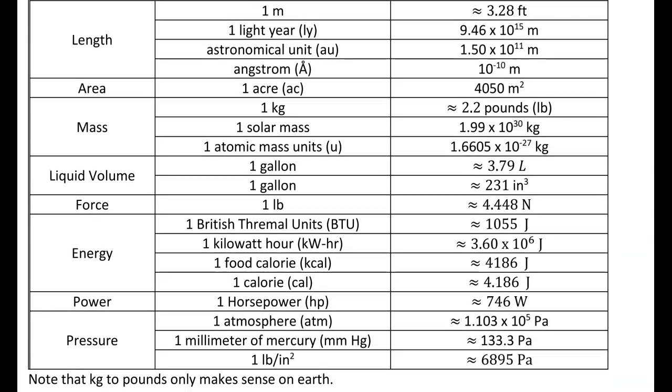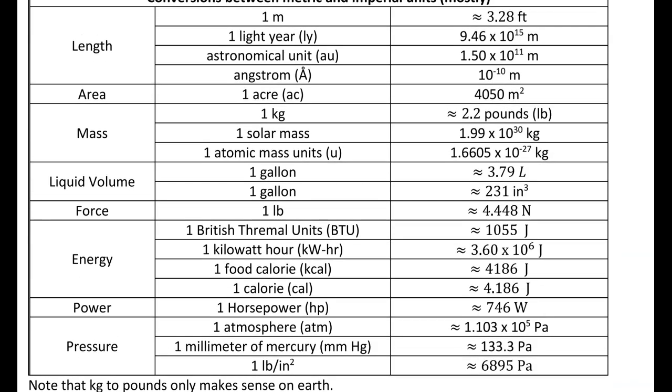And then the last chunk here are going to be, again, a limited selection that I want you to use. So we have a length conversion. This is going to be a big one. I use some of these like light year, astronomical unit in some of your scientific notation review, angstrom, but again, those aren't things that are going to come up all the time. I would say the acre, possibly the kilogram, gallon.